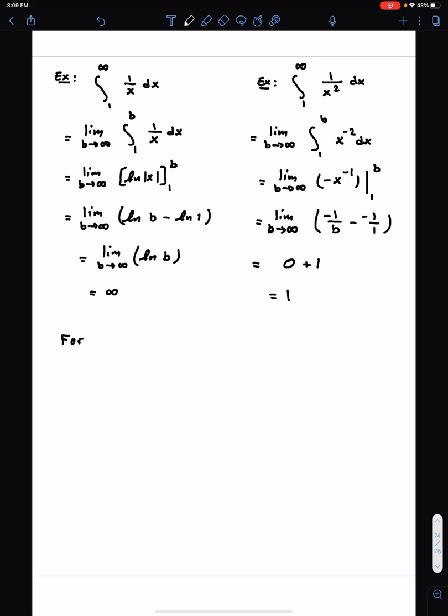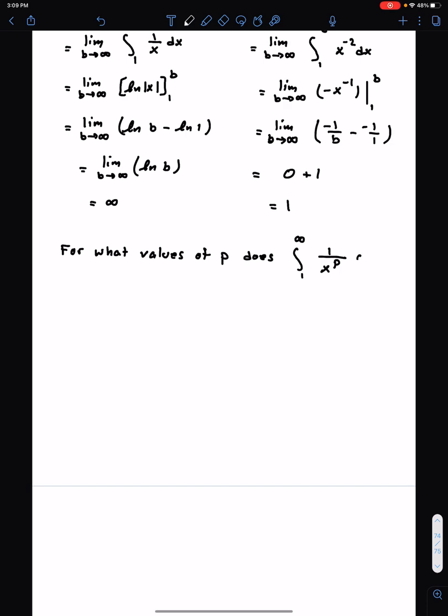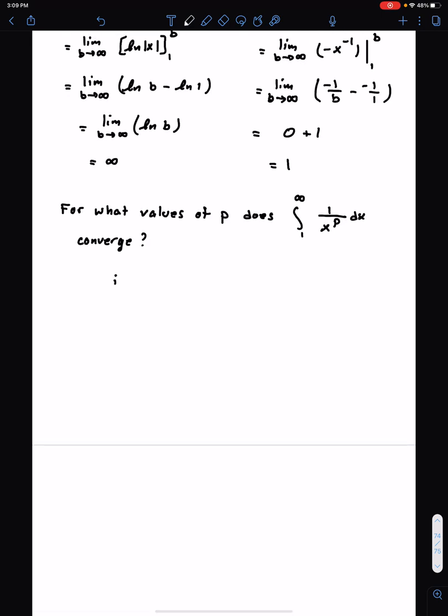So if I compare these two, for what values of p does the integral from 1 to infinity of 1 over x to the p dx converge? 1 is the cutoff.